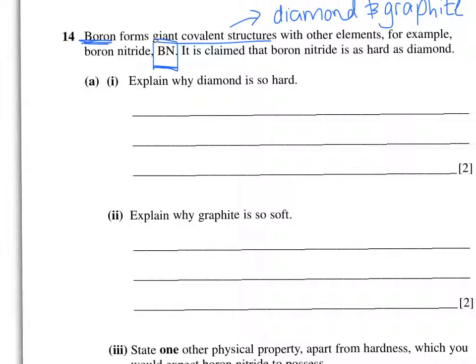Diamond is so hard, if we think about its structure, if each of these dots represents a carbon atom, each carbon atom is connected to 4 others tetrahedrally.